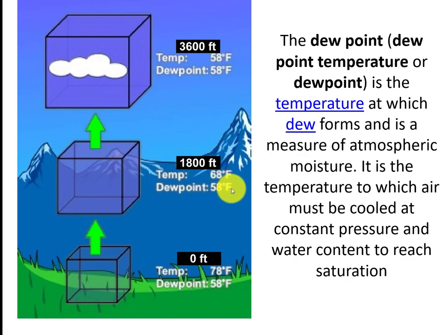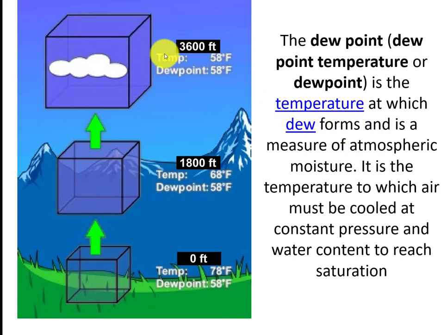Now, the dew point temperature is 58 degrees Fahrenheit. That means if the ambient or surrounding temperature drops to 58 degrees, the water in the atmosphere will form a dew or come to precipitation because it's saturated.